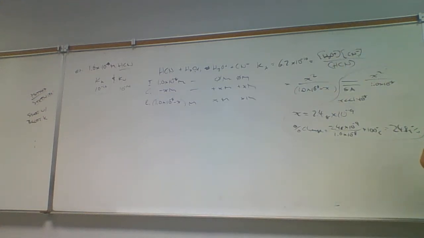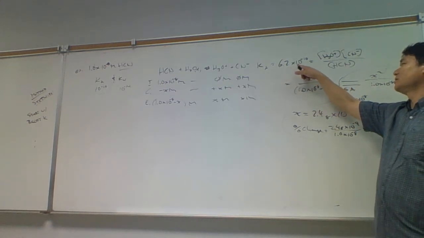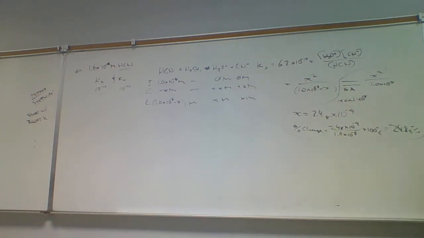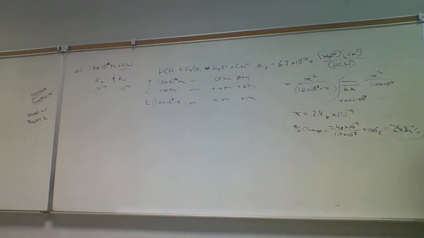Oh, I see where I messed up. 6.2 times 10 to the minus 10 is okay, but 1.0 times 10 to the minus 8 times 6.2 times 10 to the minus 10 is not 1 times 10 to the minus 8, right? This number is wrong. It should be 6.2 times 10 to the minus 18. So this C is 6.2 times 10 to the minus 18.